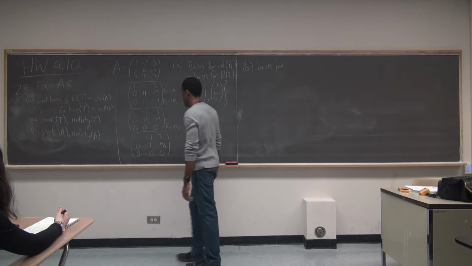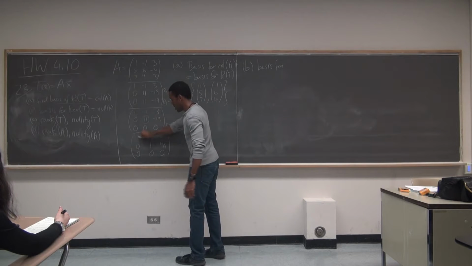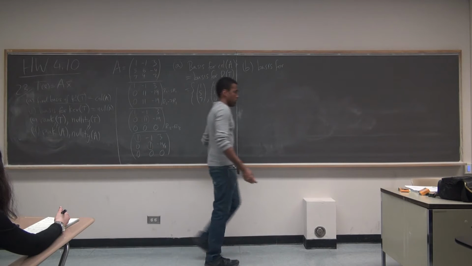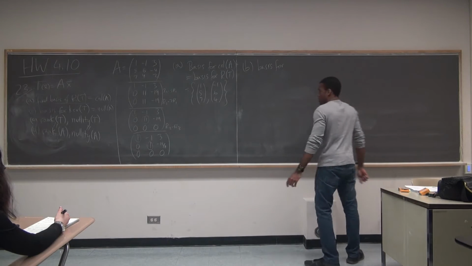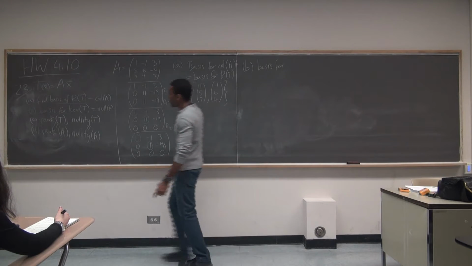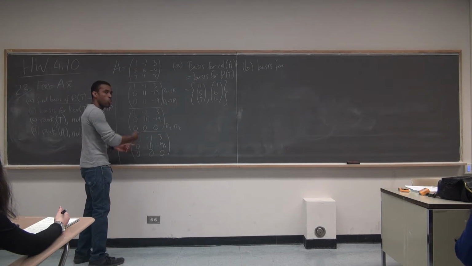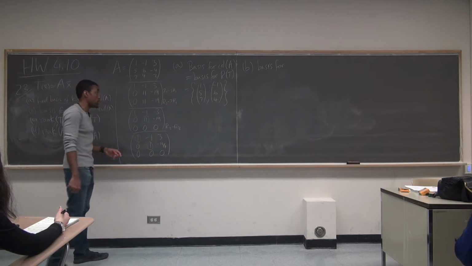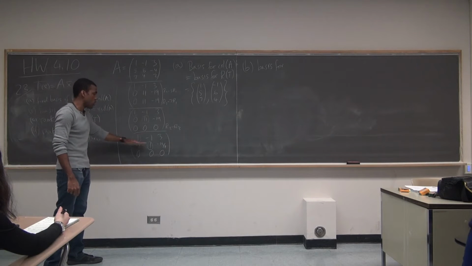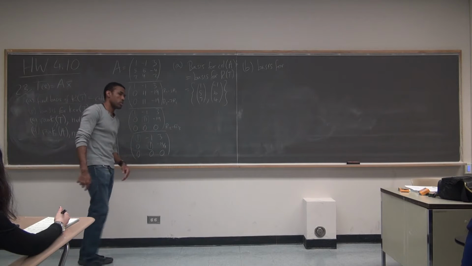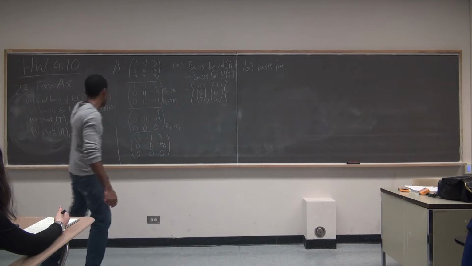If you did, you'd still see there's a pivot here and a pivot here, and I'd still pick this and that. It's less important what the actual value of the pivots is than where they are. You need to know what columns or rows they're in. If you're looking for a row space, I just need to know what rows the pivots appear in. And if I'm looking for column space, what columns the pivots appear in. That's the importance for these.